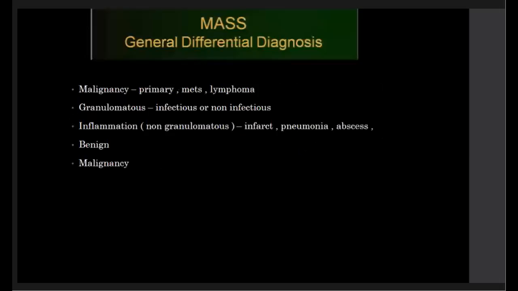The general differential diagnosis is masses causing obstruction, either primary or metastasis, lymphoma, malignancy, granulomatous disease, either infectious or non-infectious, and inflammatory disease, non-granulomatous, like infarction, pneumonia, abscess, benign or malignancy.